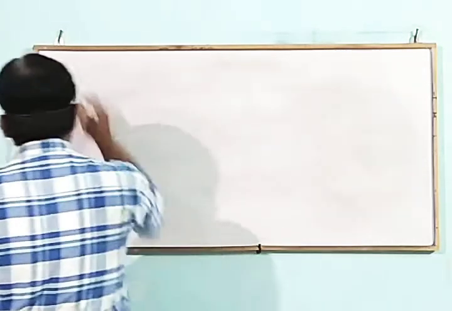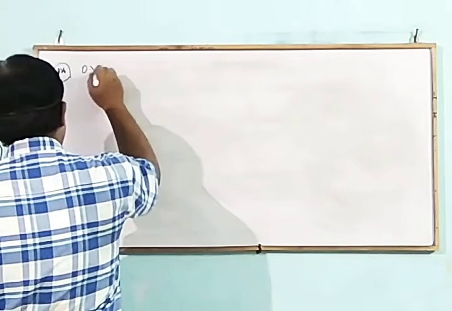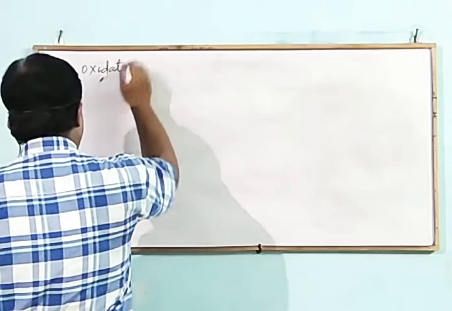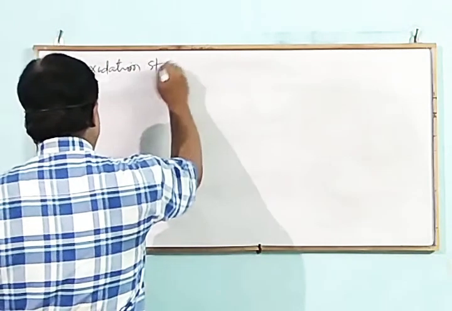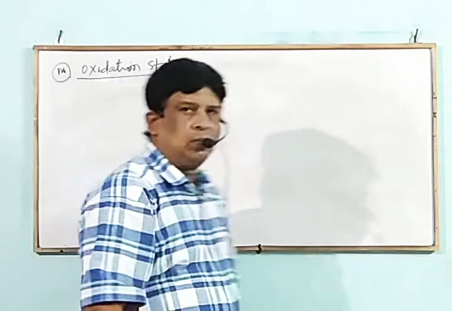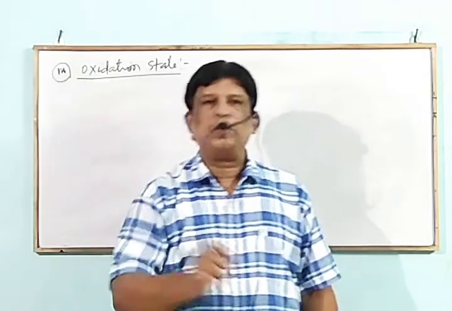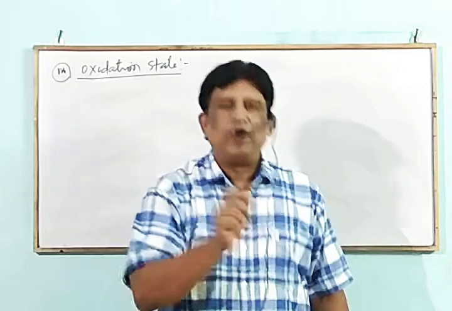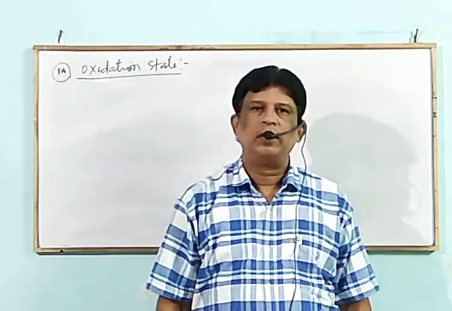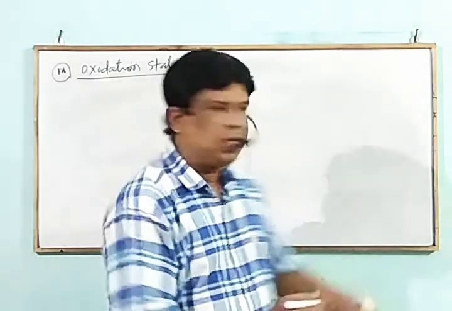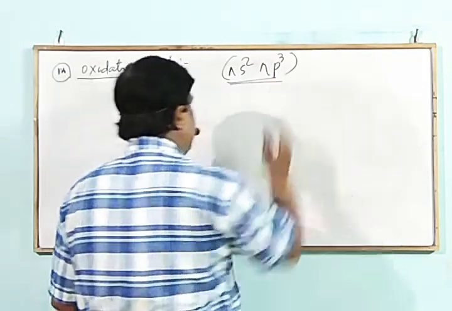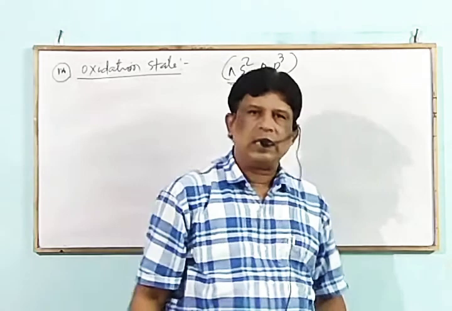From the outermost electronic configuration, from the noble gas configuration, it is clear that they have 5 electrons in their valence shell, that is ns2 np3. So they have 5 electrons in their valence shell.